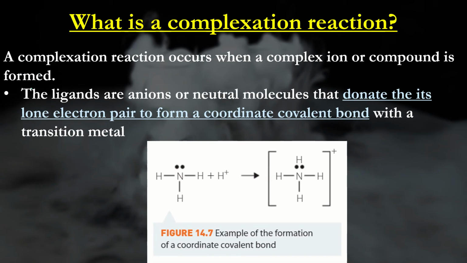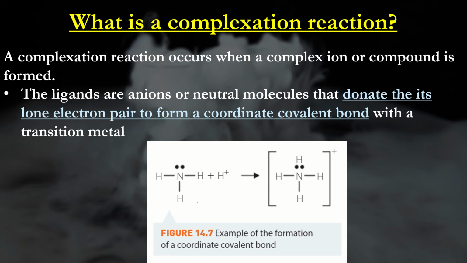So a complexation reaction occurs when a complex ion or compound is formed. Any ligand, being an anion or a neutral molecule, will donate its lone pair of electrons to form coordinate covalent bonds.